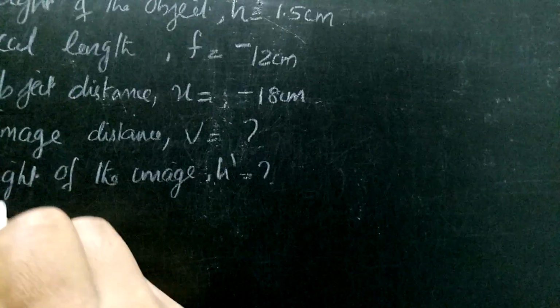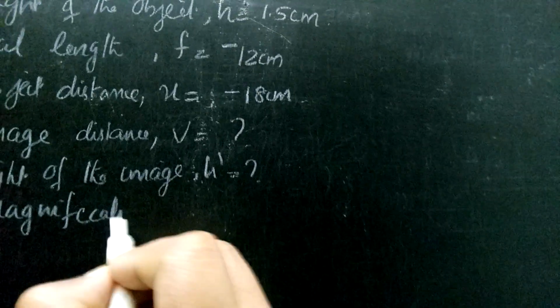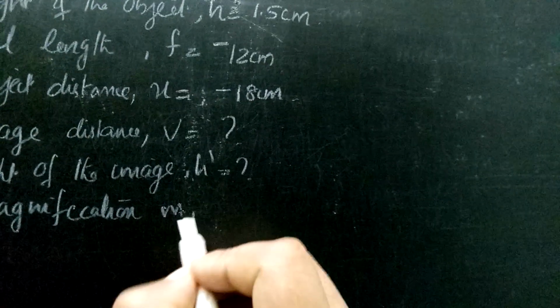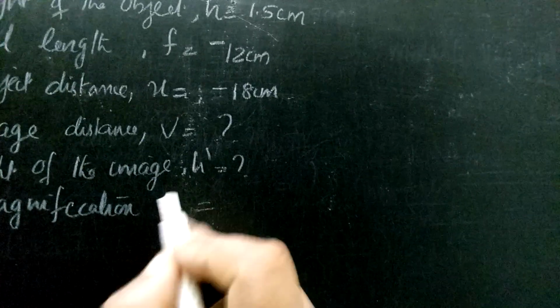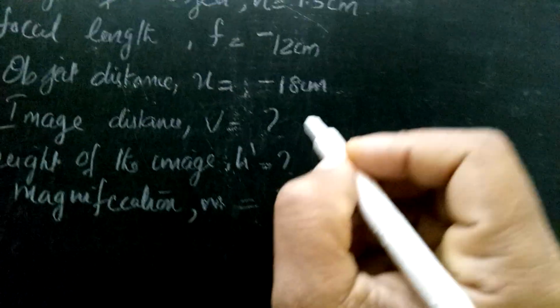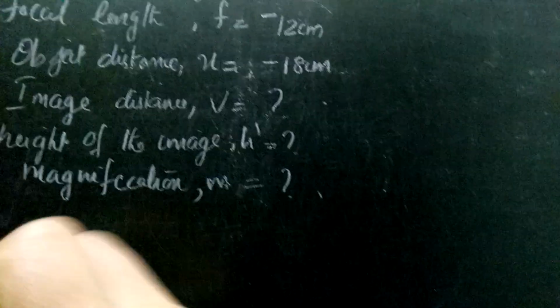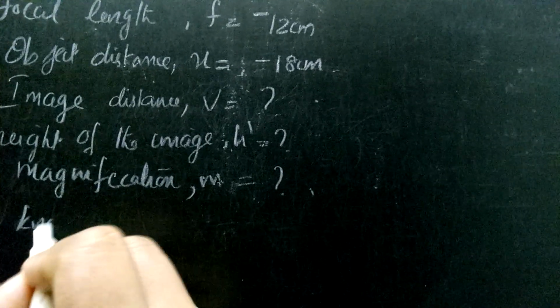To find height of the image, we need to find magnification. M is equal to question mark. So these three we have to find out. So first you should find image distance. For that we have to use the mirror formula.